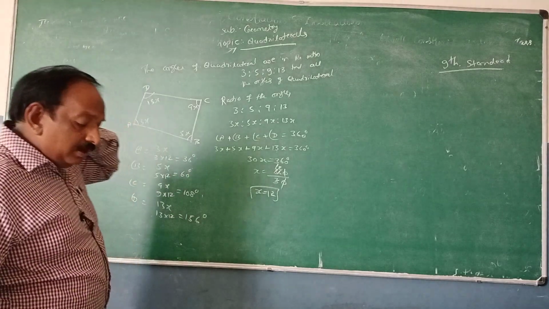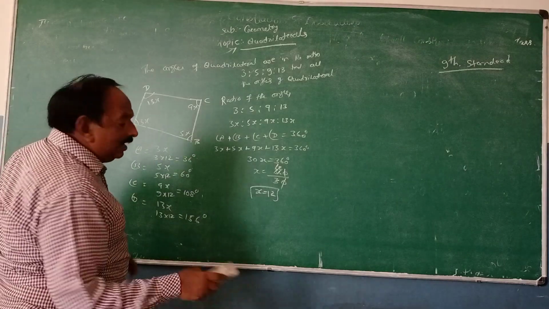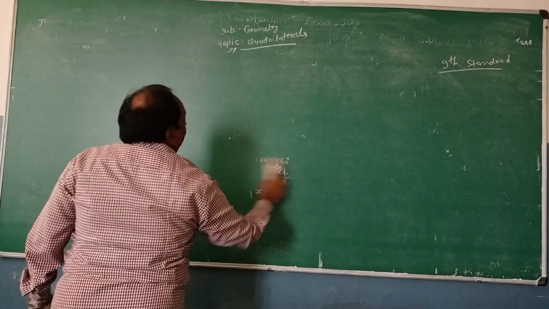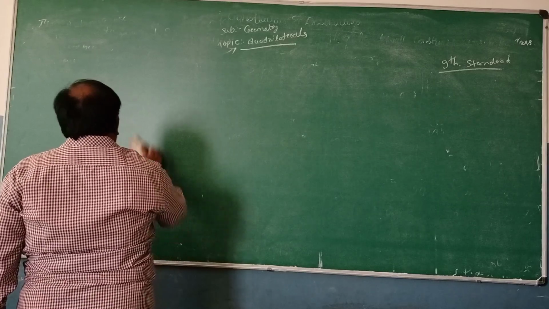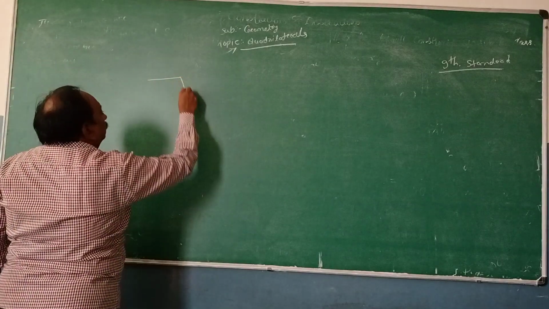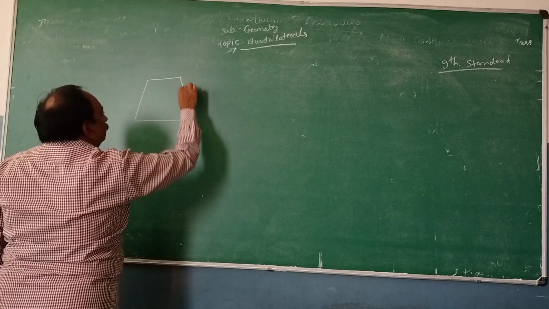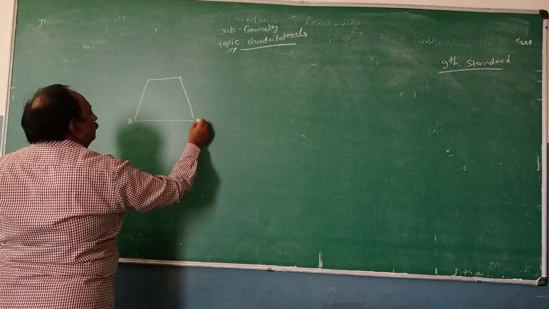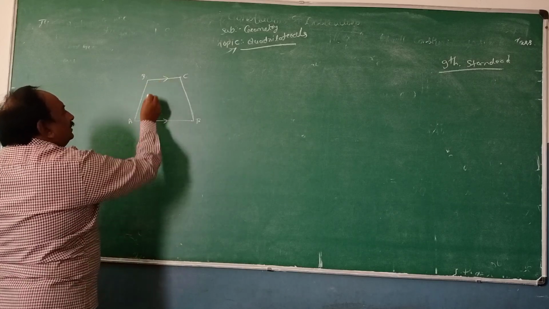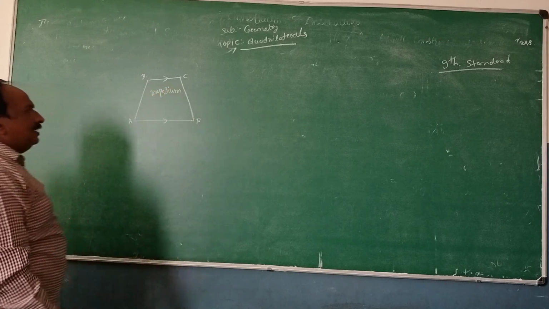Now we will pass on to the types of quadrilateral. Quadrilaterals can be classified into the following types. It contains one pair of parallel sides. We call this type of quadrilateral a trapezium.